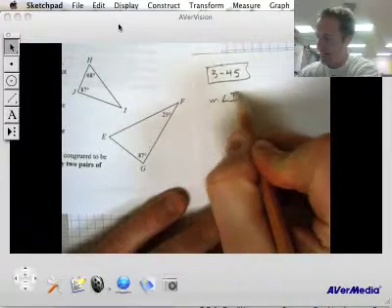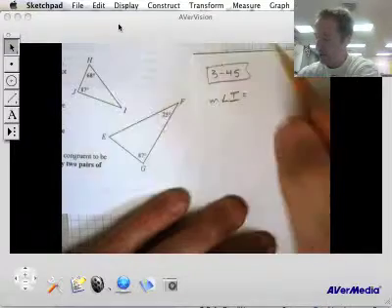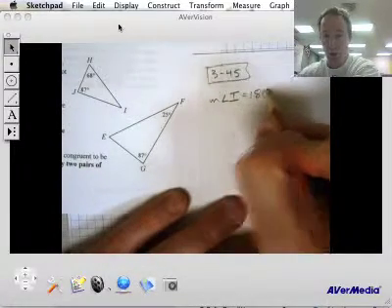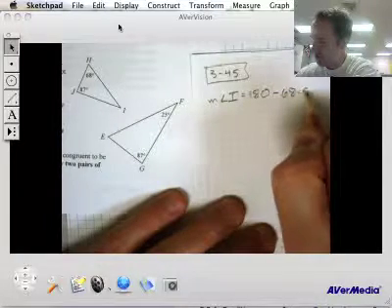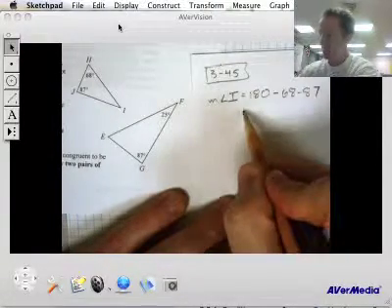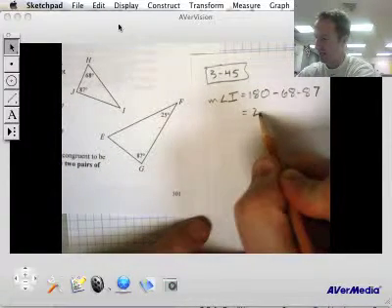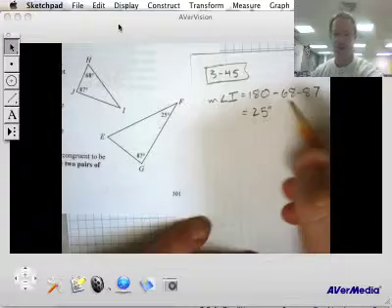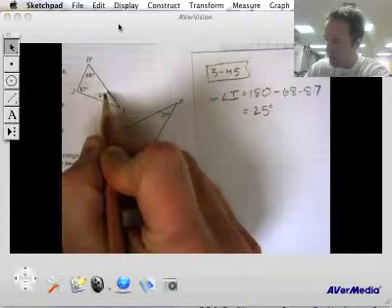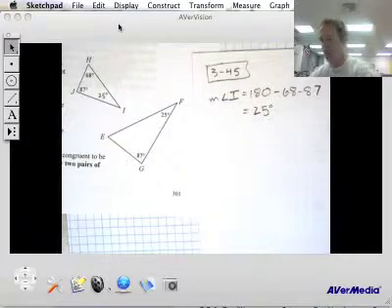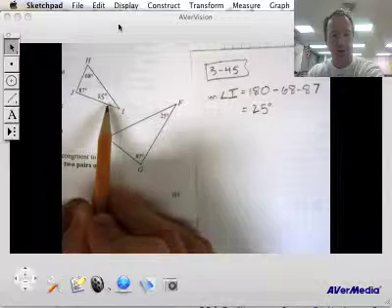Measure of angle I. Now the angles in a triangle have to add up to 180. So if you're finding a missing one, we'll go 180 minus 68 minus 87. And if you have a calculator handy, you would be able to check this, but that is 25 degrees. So it turns out that this angle right here is 25 degrees. Oh, look, both of these triangles have a 25-degree angle.